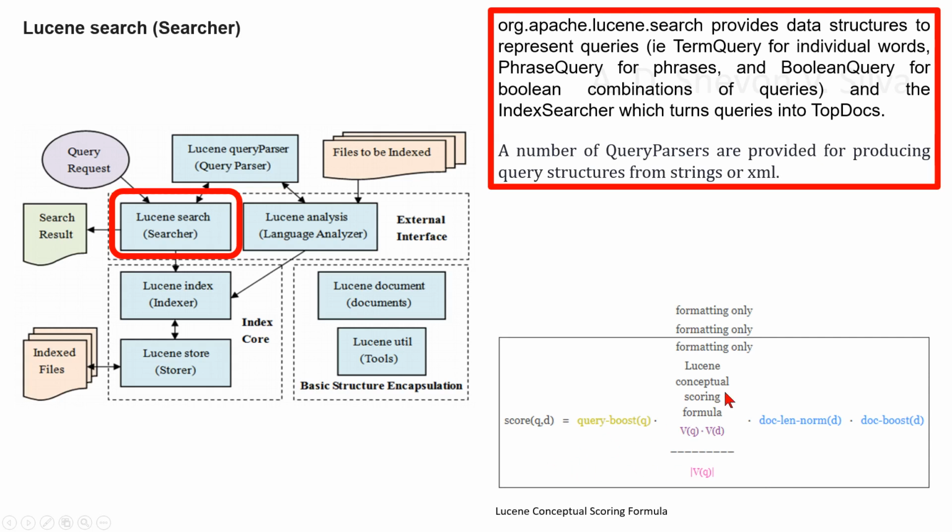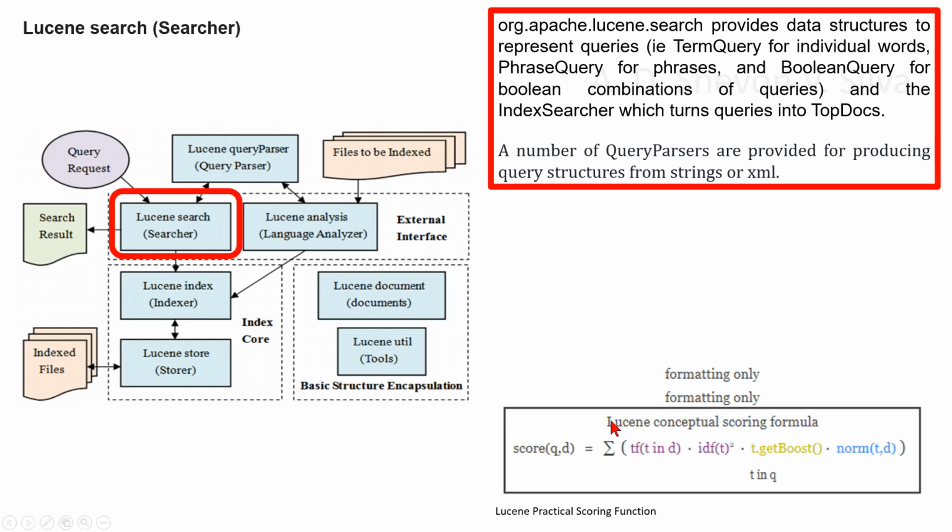Here you can see the Lucene conceptual scoring formula. Now we are considering the Lucene practical scoring function. The document length norm and the document boost, doc boost D, are known at indexing time.